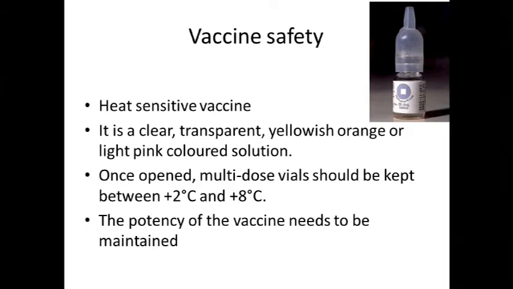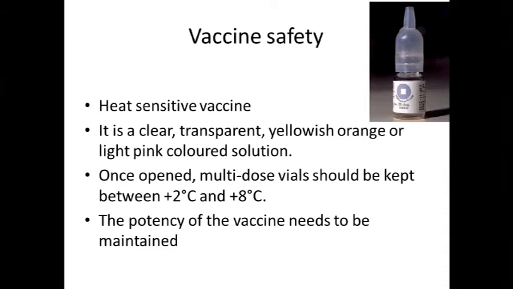The most important feature of vaccination is safety of the vaccine. To ensure safety of the vaccine, we need to first know how a vaccine is going to behave. What do I mean by this? The method of storage of all vaccines is very, very important. As far as oral polio vaccine is concerned, it is considered to be a heat-sensitive vaccine.